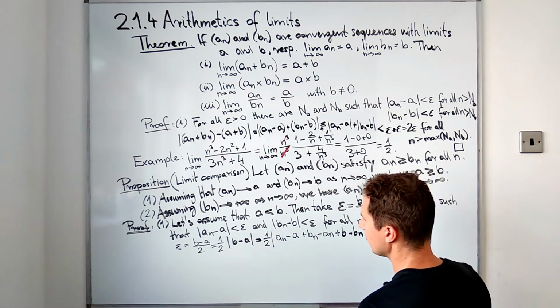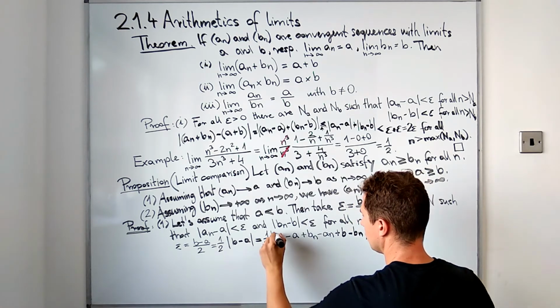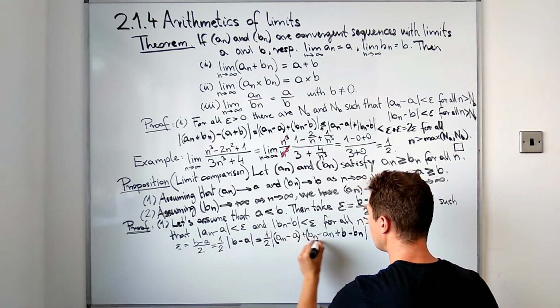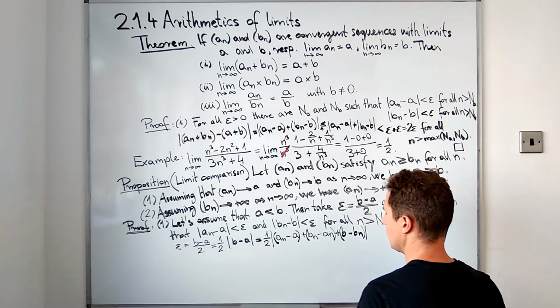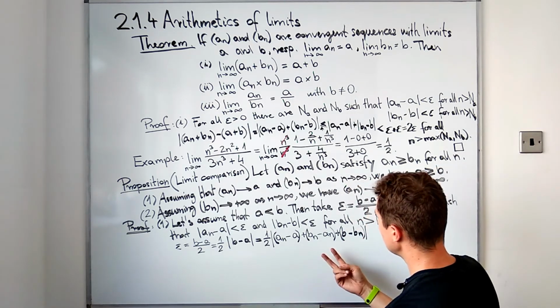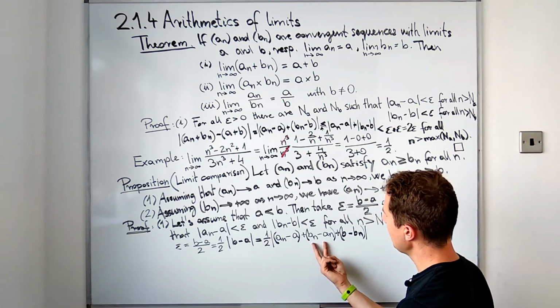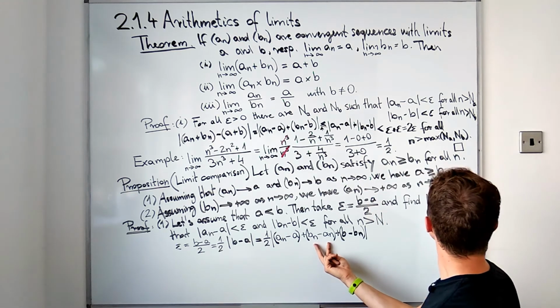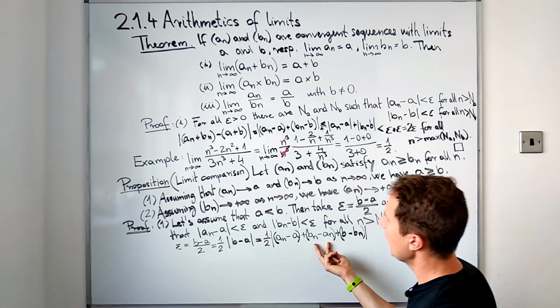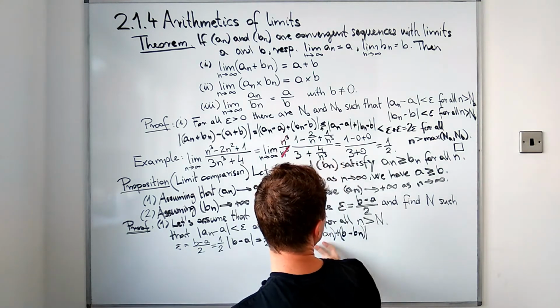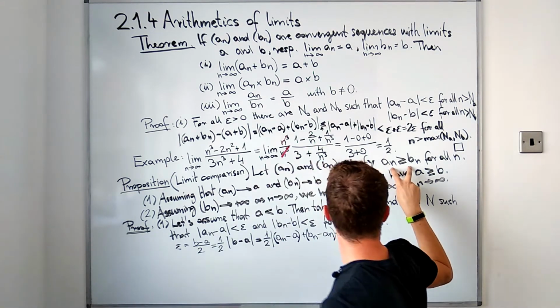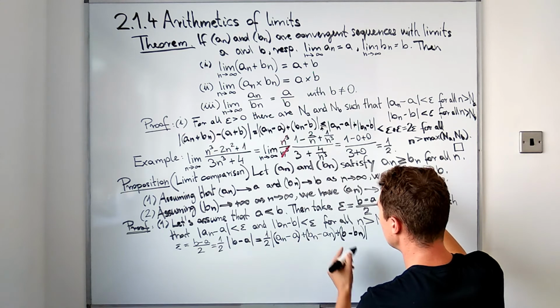So if I write B minus A in this tricky way and group these terms in such a way, what I see immediately is that Bn minus An in the middle is certainly making this number smaller.